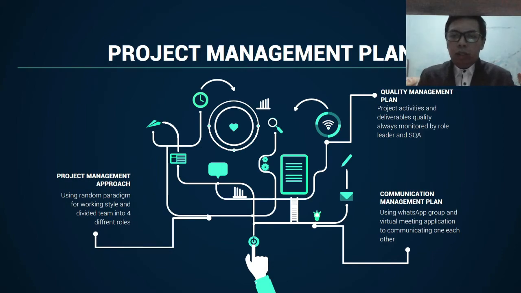And the third is the communication management plan. In our communication, we are using a WhatsApp group and a virtual meeting application to communicate with each other. Even in our current condition, learning from home, working from home, we have to keep our communication in the project team.